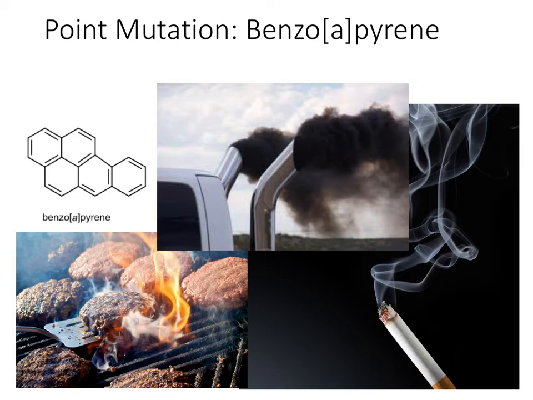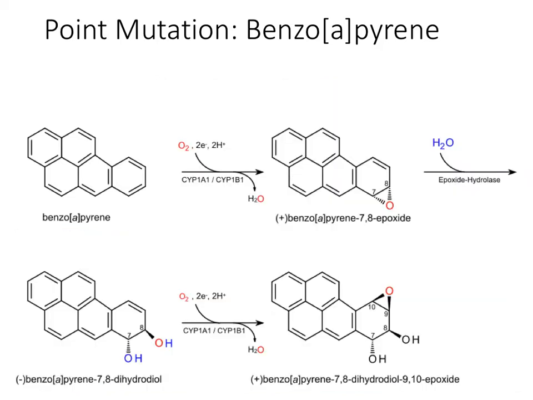Well, it turns out that one of the ways our bodies deal with this molecule and a lot of other aromatic compounds, these highly planar, multi-ringed compounds, is to try to detoxify them when we eat them. That's part of the job of our liver. We have enzymes, most of them called CYPs. You do not need to remember the names of the enzymes, CYP1A1, 1B1.